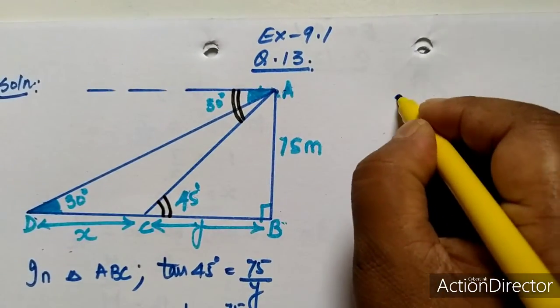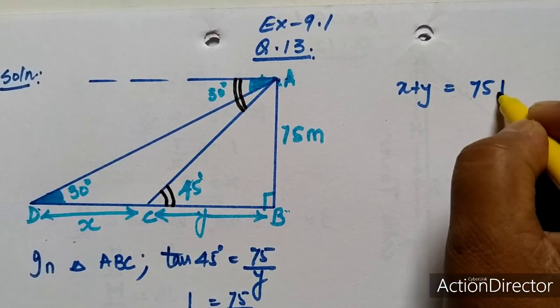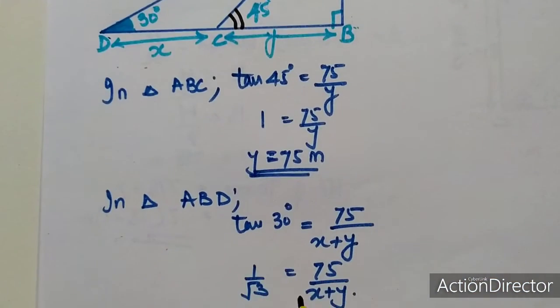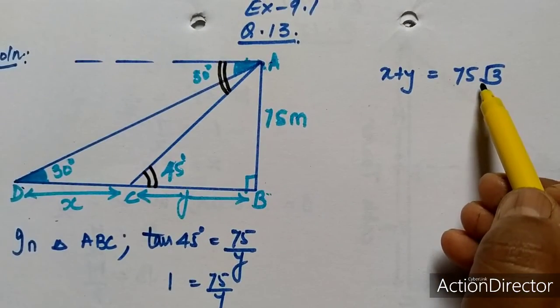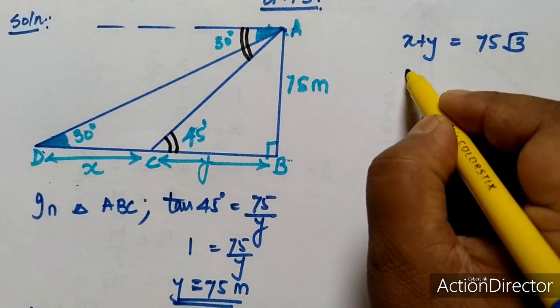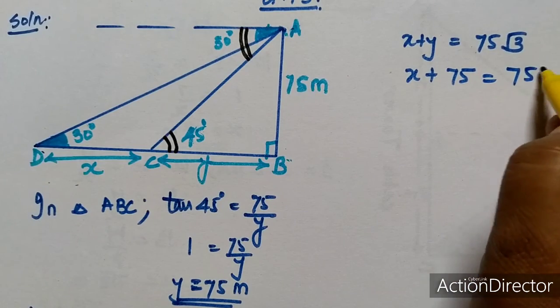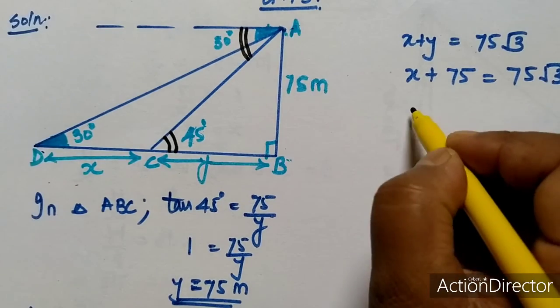You have here as x plus y equal to 75 root 3. Okay. Here in this way when you are going to do the cross multiplication, you will get x plus y equal to 75 root 3. But the value of y already you found as 75. So substitute the value of y as 75 here.